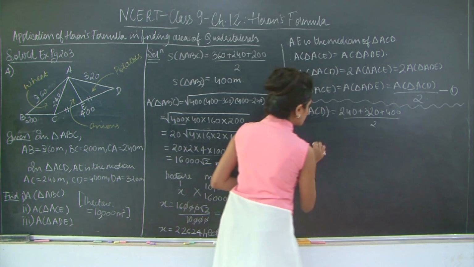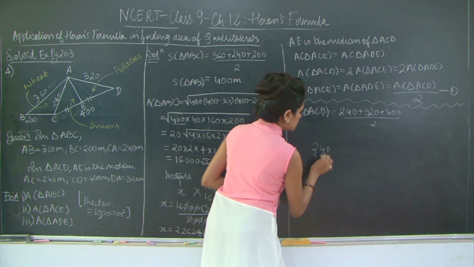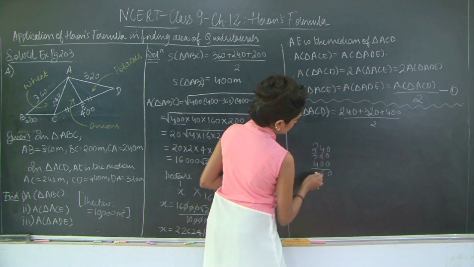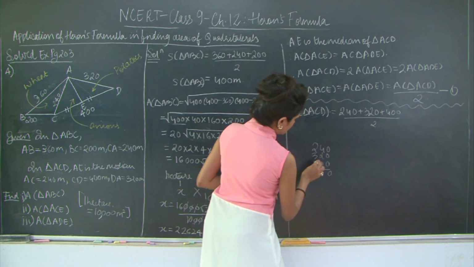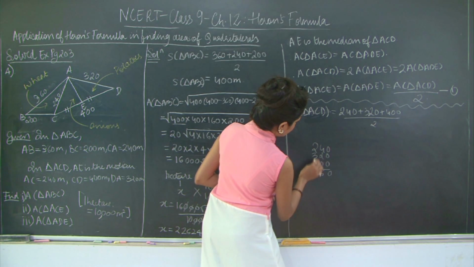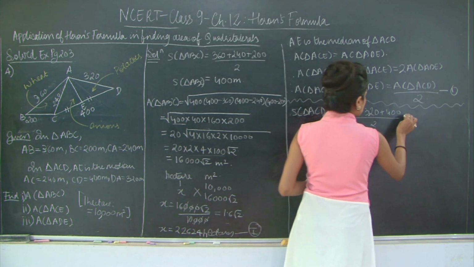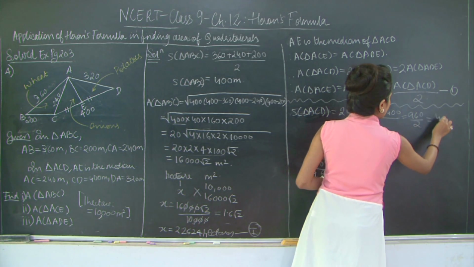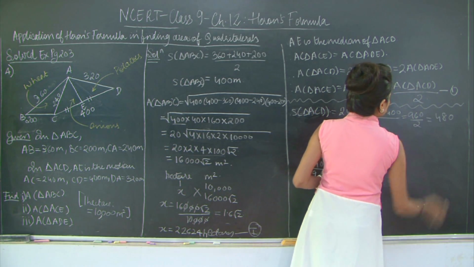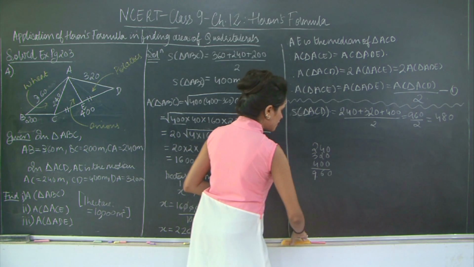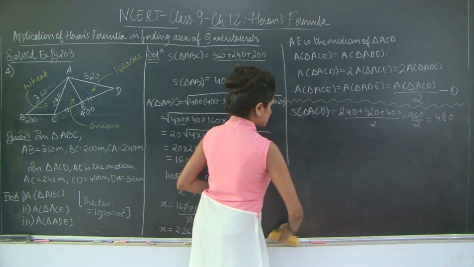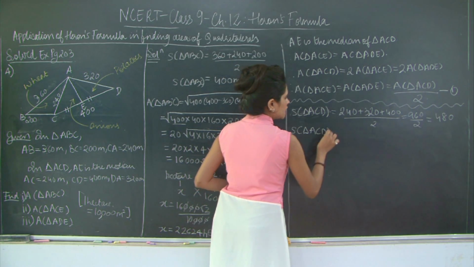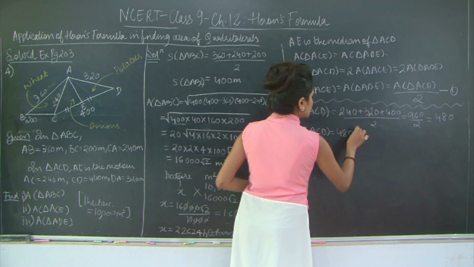So let's calculate 240, 320, 400, which gives 960. So this is 960 divided by 2. So 2 4s are 8, 2 8s are 16 and 0. So semi-perimeter is 480 meters. Semi-perimeter of triangle ACD is equal to 480 meters.